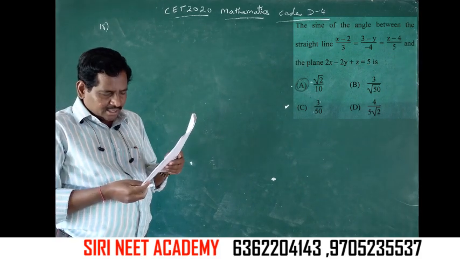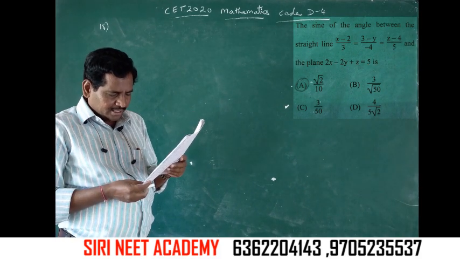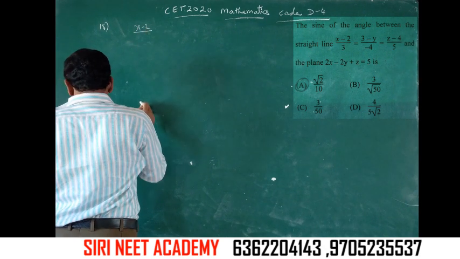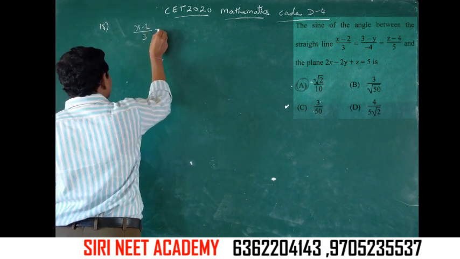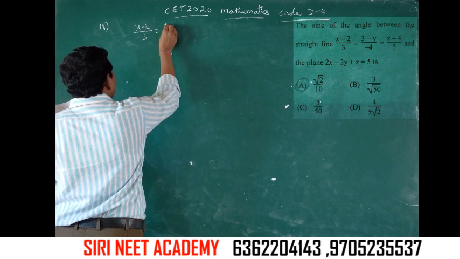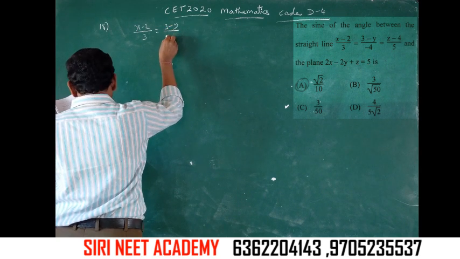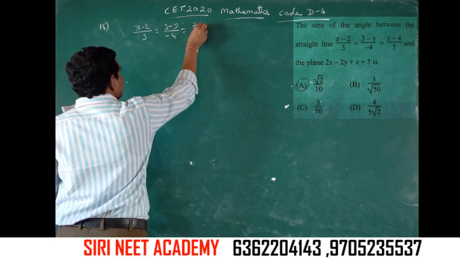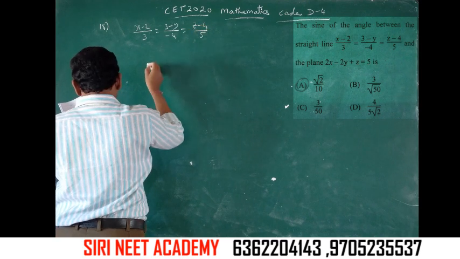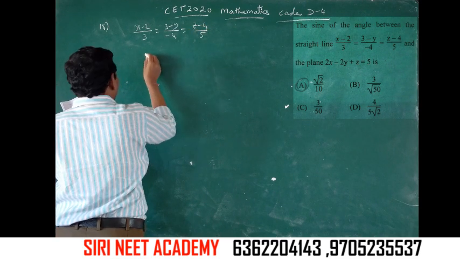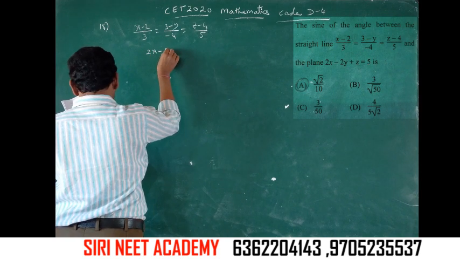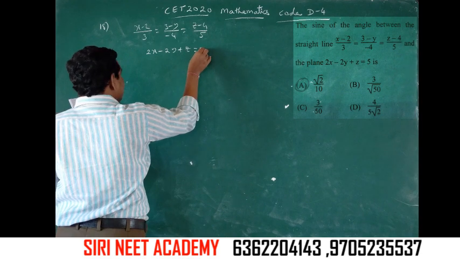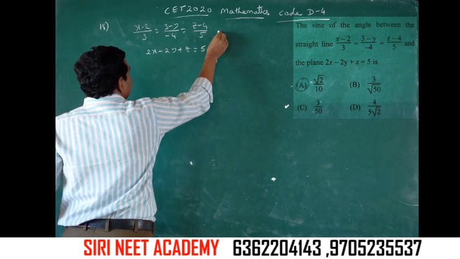The sine of the angle between the straight line (x minus 2) divided by 3 is equal to (3 minus y) divided by minus 4 is equal to (z minus 4) divided by 5, and the plane 2x minus 2y plus z is equal to 5.